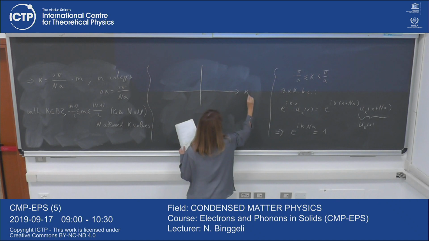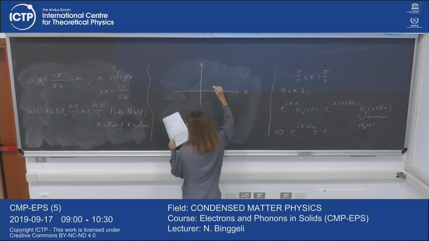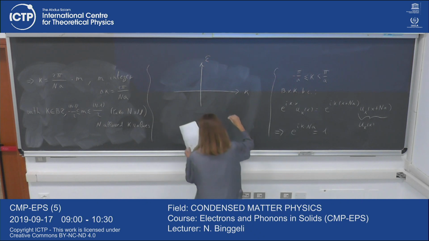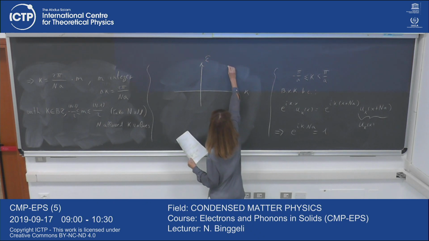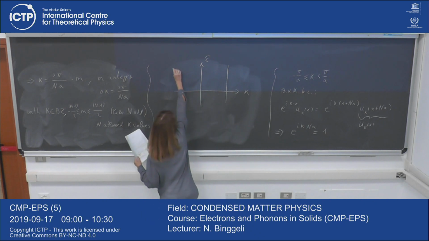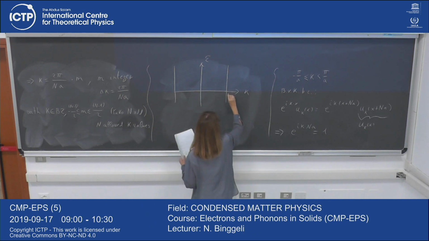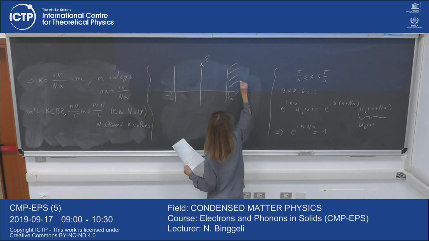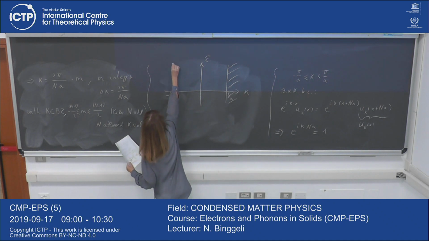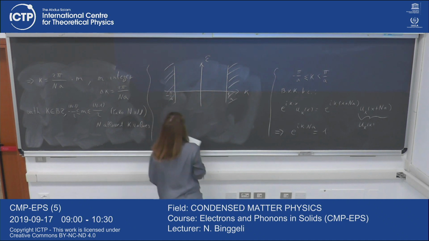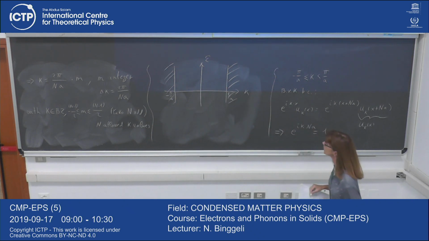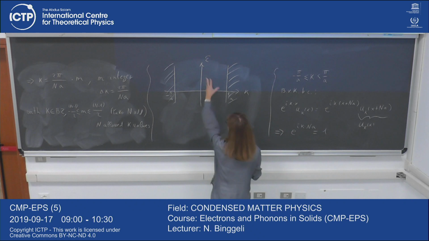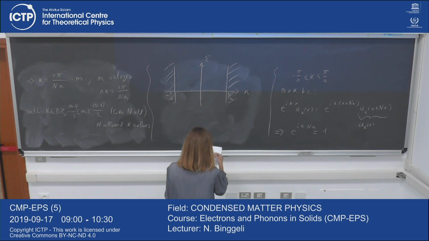So I'm showing here k and here the energy, and I'm in a one-dimensional crystal, so I'm focusing on the Brillouin zone here from pi over a to minus pi over a, and I know what is outside because I have all my spectrum of the crystal that can be represented inside the Brillouin zone.